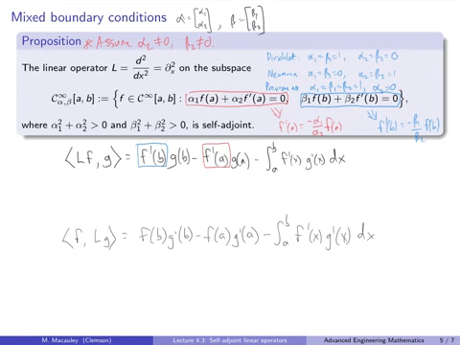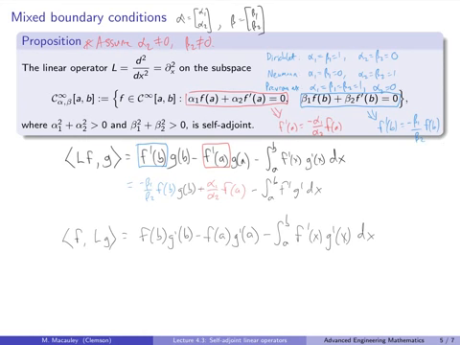So this gets me negative beta 1 over beta 2 times f of B times g of B minus alpha 1 over alpha 2 f of A. Well, it's minus negative, so I'm going to put a plus there, and then minus this integral from A to B of f prime g prime dx.